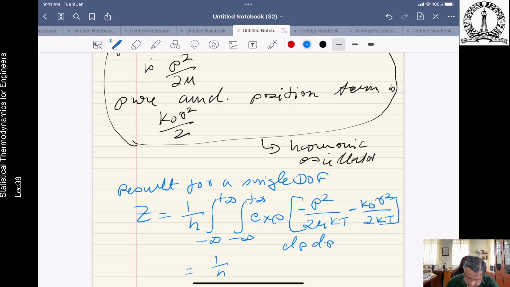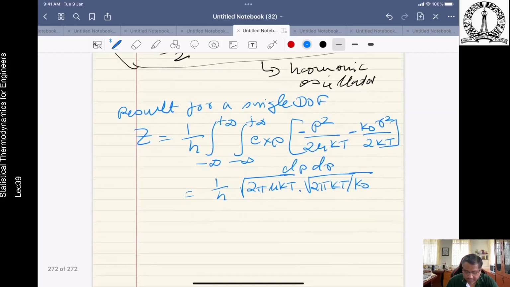This is also equal to 1 over h, square root of 2 pi mu kT, multiplied by square root of 2 pi kT by k naught.